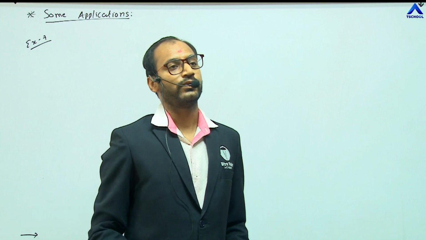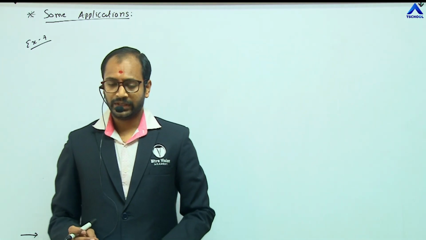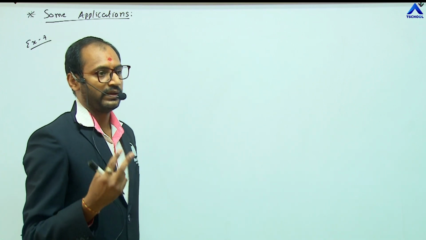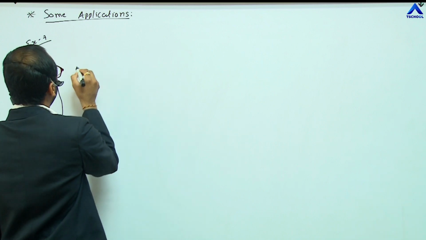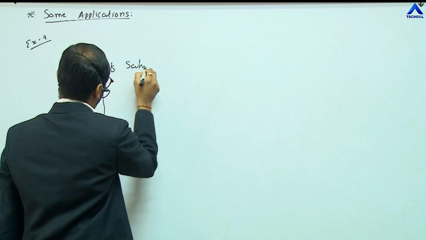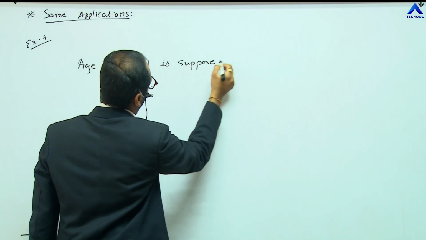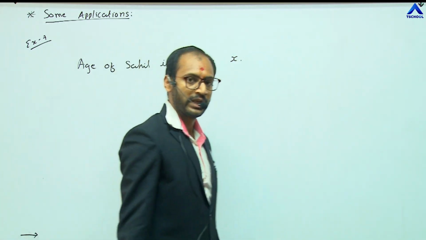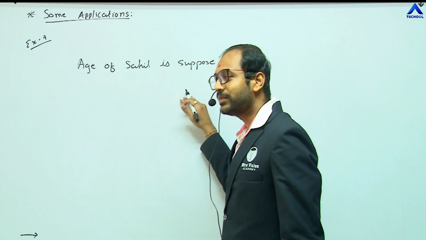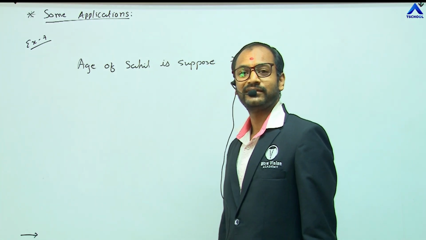Now, first of all, if we guess the two ages, like the age of Sahil is, suppose, X, and the age of Sahil's mother is Y, then what happens?